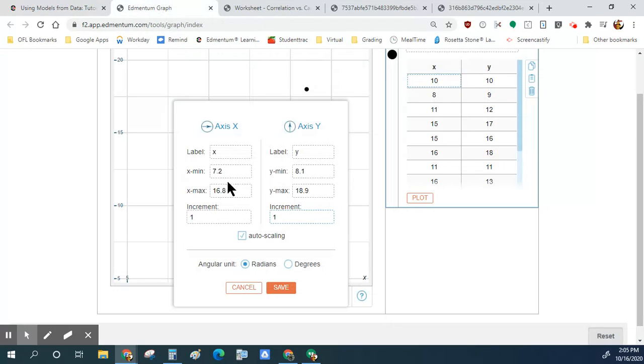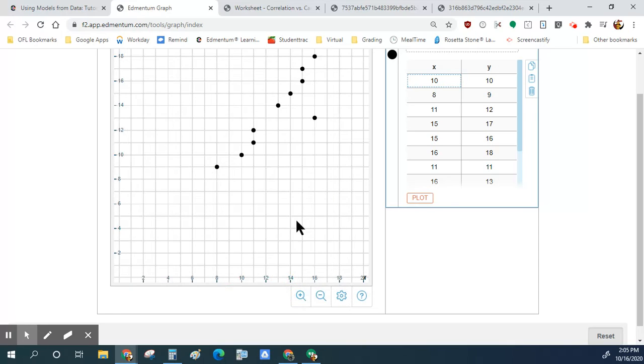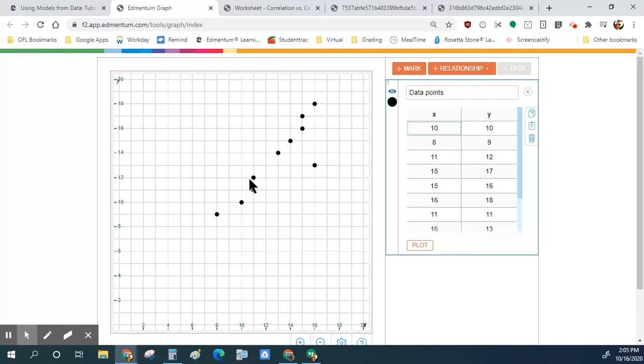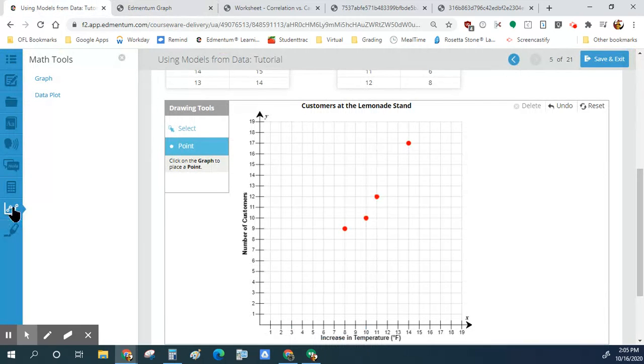So I can put like 0 to 20. So you can see this here. If you really need to have a picture, you can always use that little tool right here for graphing, the graph tool.